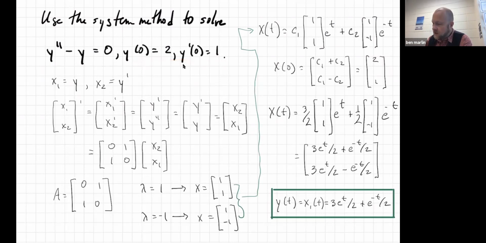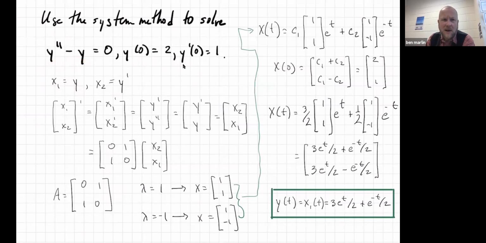Okay, so here's the trick with systems. You always let your x1 be your function, and then your x2 is its derivative. If you have a higher order system, then you'd have an x3 as the second derivative, and x4 as the third derivative, as many as you need, okay? But this has second order being the highest, and I can solve for that y double prime.